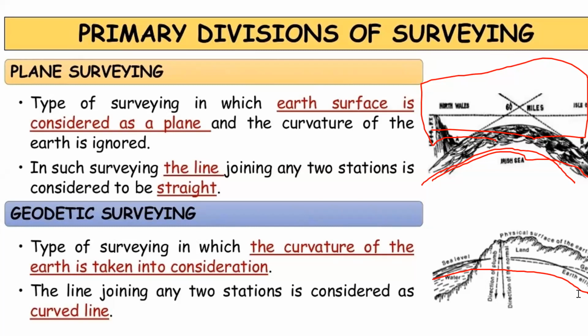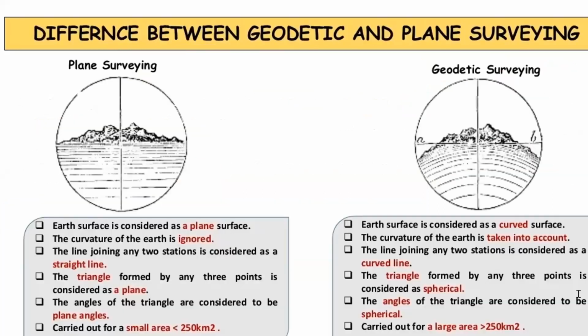If the length is more than 100 meters or more than 1 kilometer, and whenever we measure the length of a sea or a big lake or river, then we consider geodetic surveying, where the curvature of the Earth is taken into consideration. These two are the primary divisions of surveying whenever we perform any survey, right?